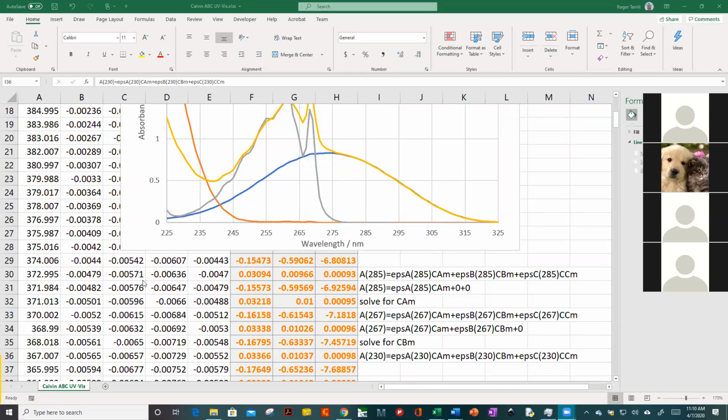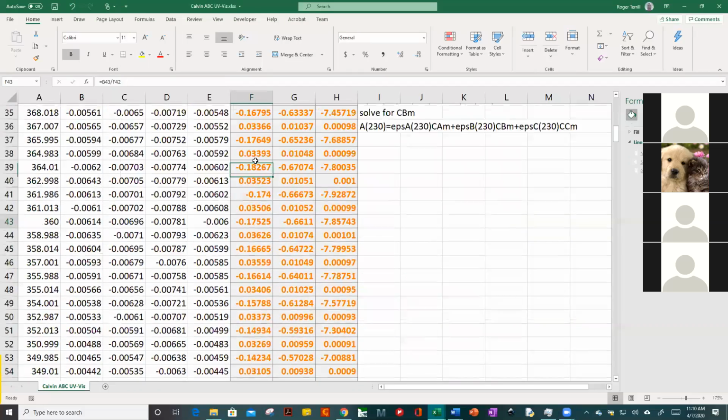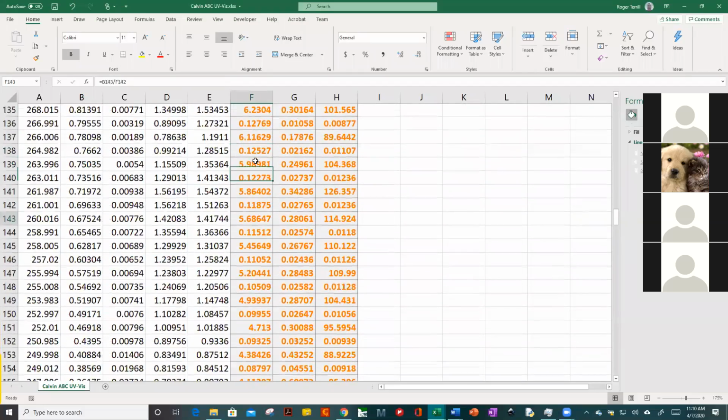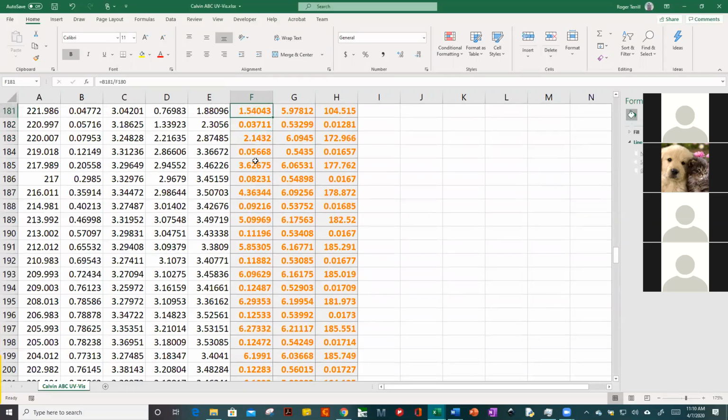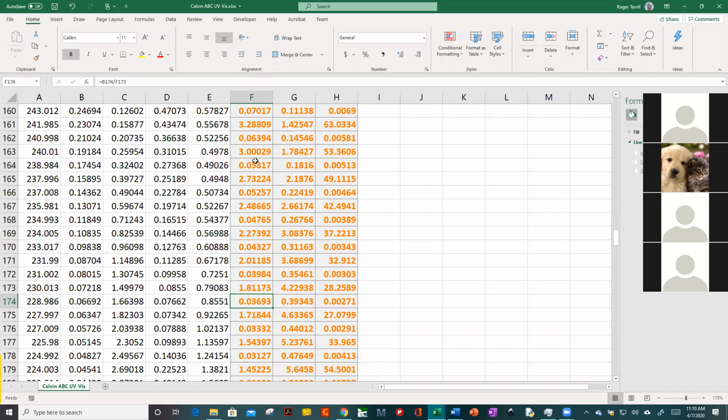No, epsilon of A at 230, right? There's epsilon of A. We just come down here to 230, right? There it is, and it's 1.81173.